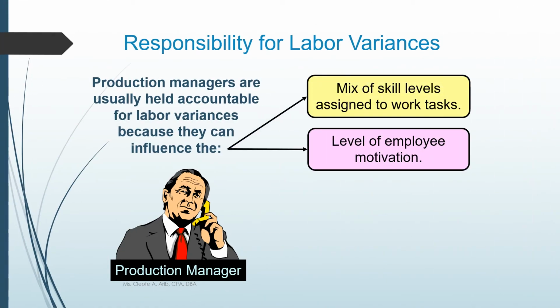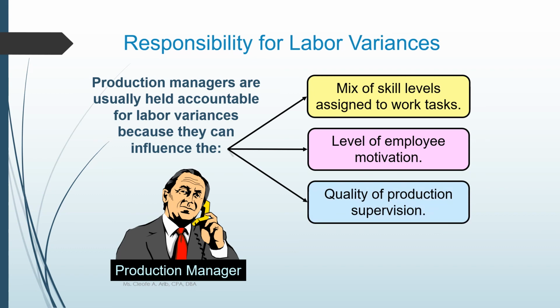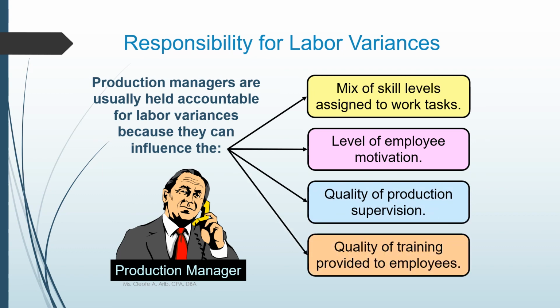Labor variances are partially controllable by employees within the production department. For example, production managers or supervisors can influence the following. 1. The deployment of highly skilled workers and less skilled workers on tasks consistent with their skill levels.